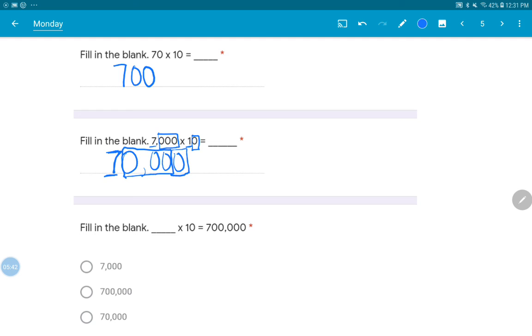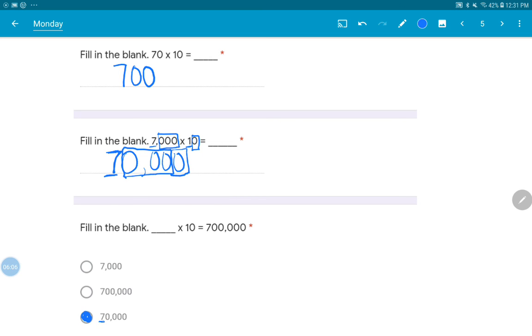All right, fill in the blank. What times 10 equals 700,000? Tatum, what times 10 equals 700,000? 70,000, very good.